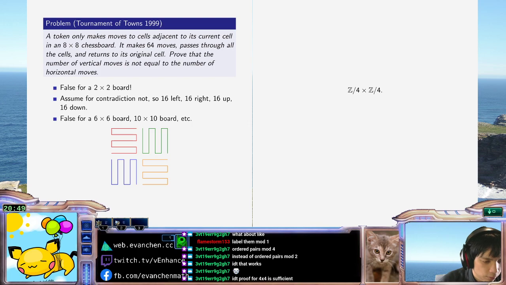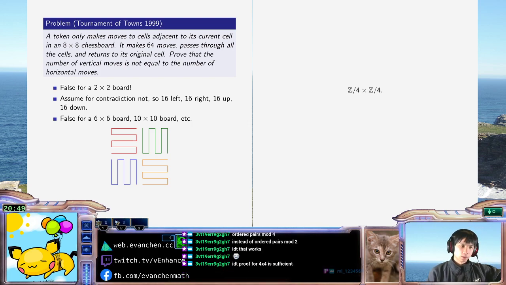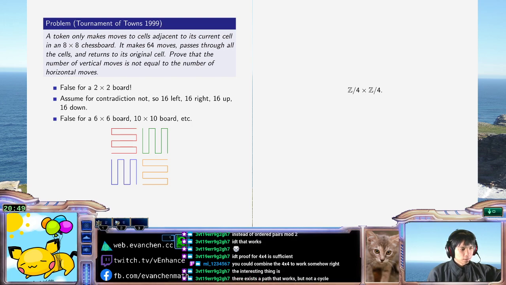I don't know the answer to this question. Oh, no, it's definitely false. Never mind. There exists a path that works, but not a cycle.